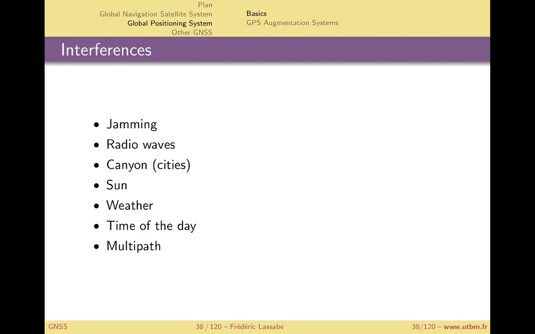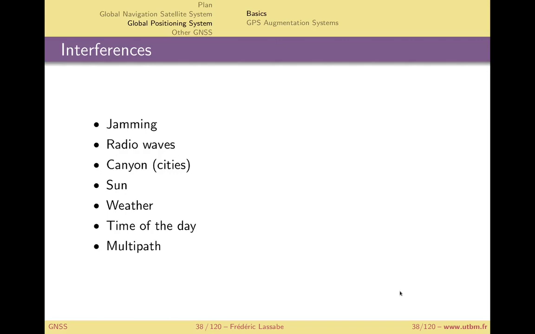The GPS is subject to interferences from jamming, which is something malicious where someone wants to disrupt the GPS. Other radio waves in the same frequencies, the canyon effect, for instance in big cities with big skyscrapers, can block the signal.